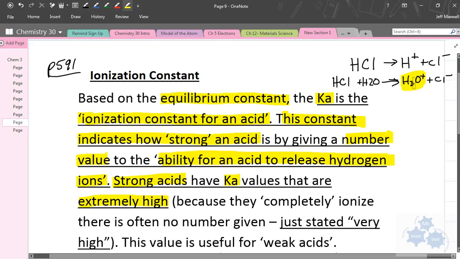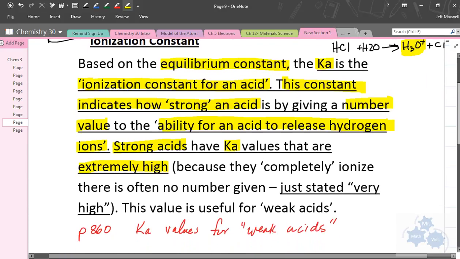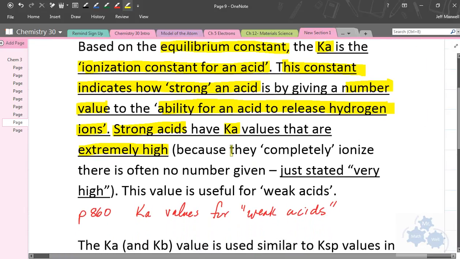That is very, very large. Now, a weak acid, okay, so if I give you an example of a weak acid, actually I'll just scroll down here, and we'll finish these notes off before I do this. So strong acids, they completely ionize, so the Ka value is just very high.